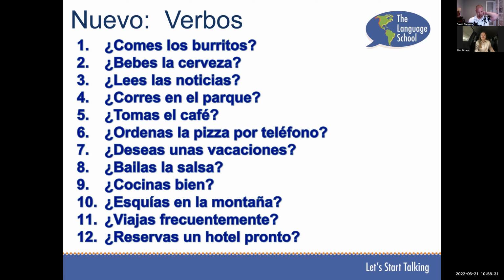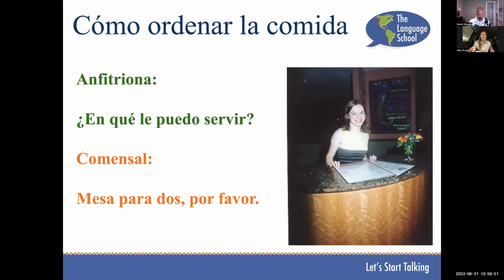No esquío en la montaña. ¿Viajas frecuentemente? Sí, viajo frecuentemente. ¿Reservas un hotel pronto? No reservo un hotel pronto. Okay, muy bien.